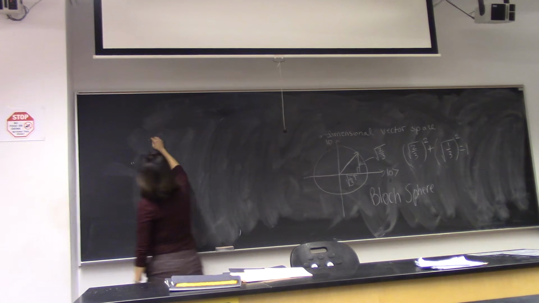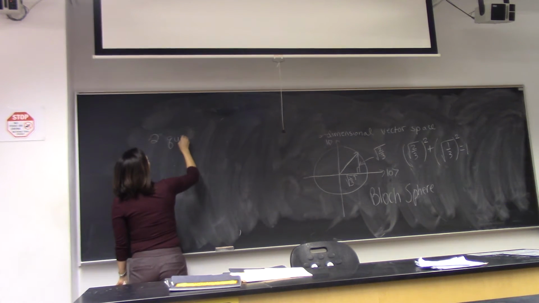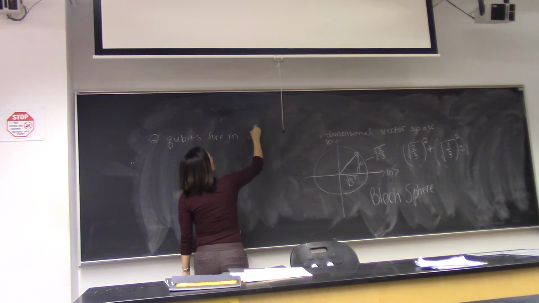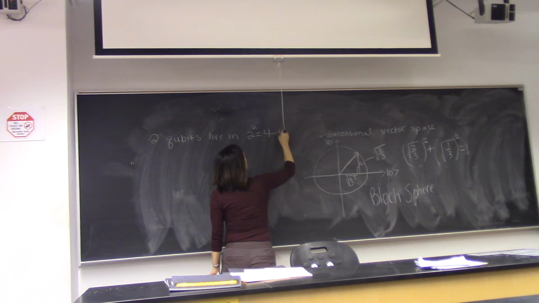So 2 qubits live in 2 squared, 4-dimensional space.